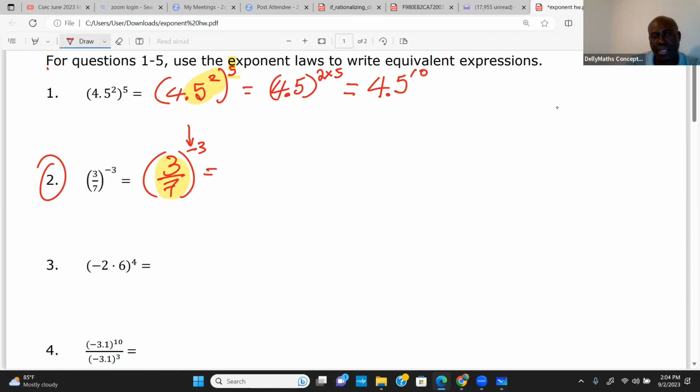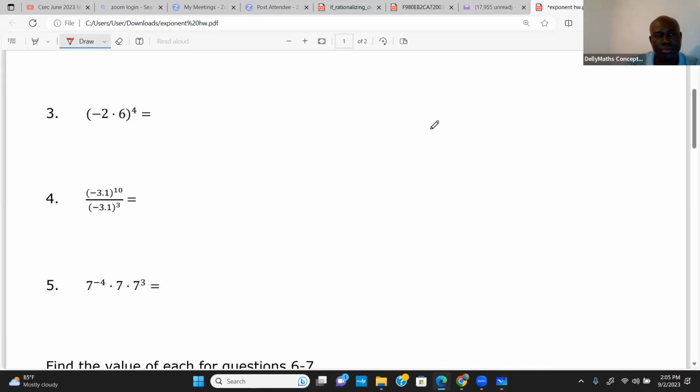So what we're looking at is 7/3, and this will be raised to the 3rd. But this power of 3, based on the laws of the quotients, we'll have 7 cubed over 3 cubed as an equivalent expression for this.